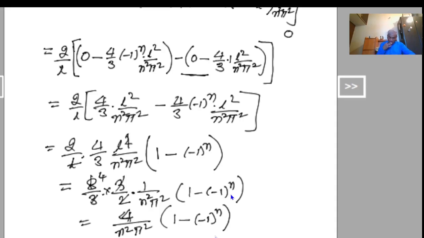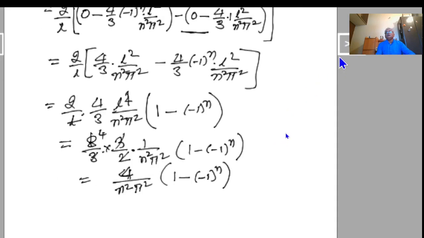This is our an, and here we have bn equal to 0, and we got a0 also equal to 0. Therefore, now we write the Fourier series.